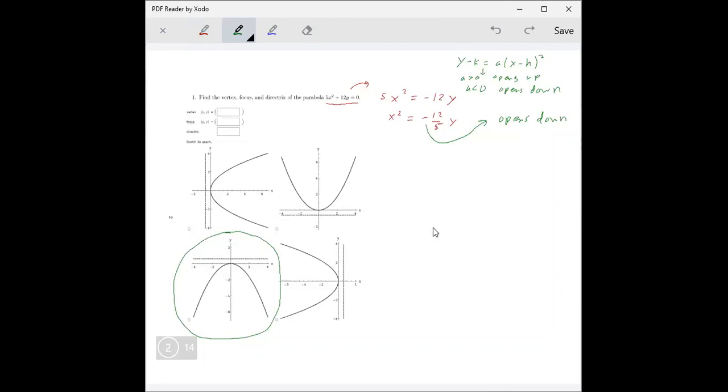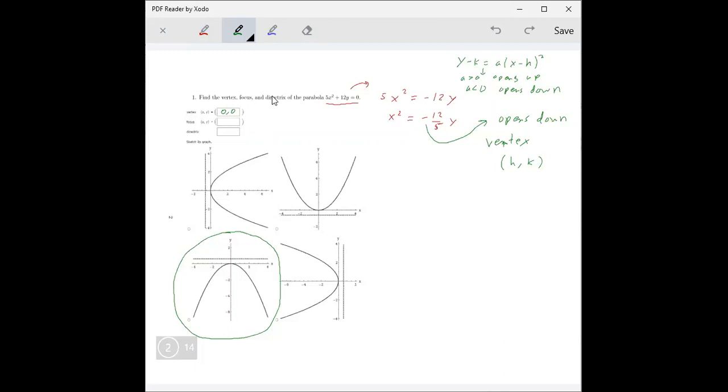Now, the vertex in this one is going to be h comma k. But here, they're going to be 0. So this x squared is the same as x minus 0 squared, and this y is the same as y minus 0. So the vertex is going to be 0, 0 in this case.